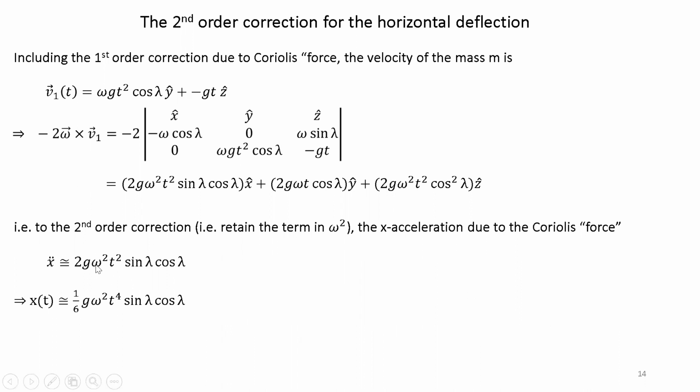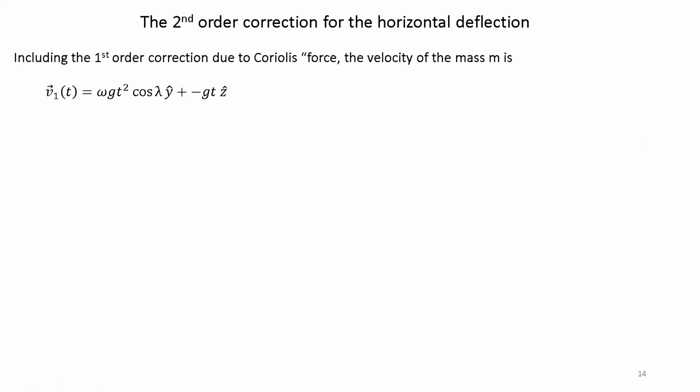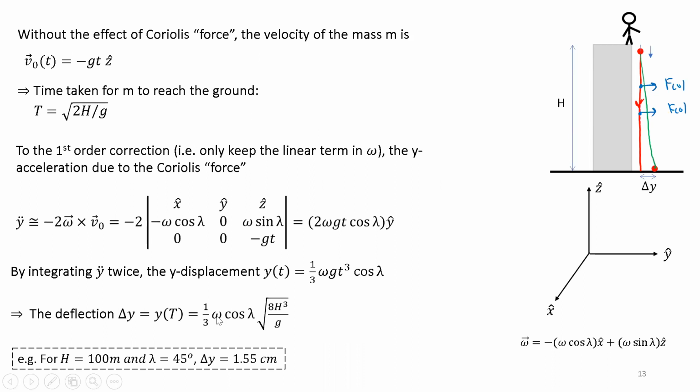If you plug in the real number, expressing omega as radians per second, you get a very small number. Therefore omega is a very small number, and omega square is an even much smaller number. So this second order correction along the x direction, which depends on omega square, would be much smaller than the first order correction, which depends on omega.